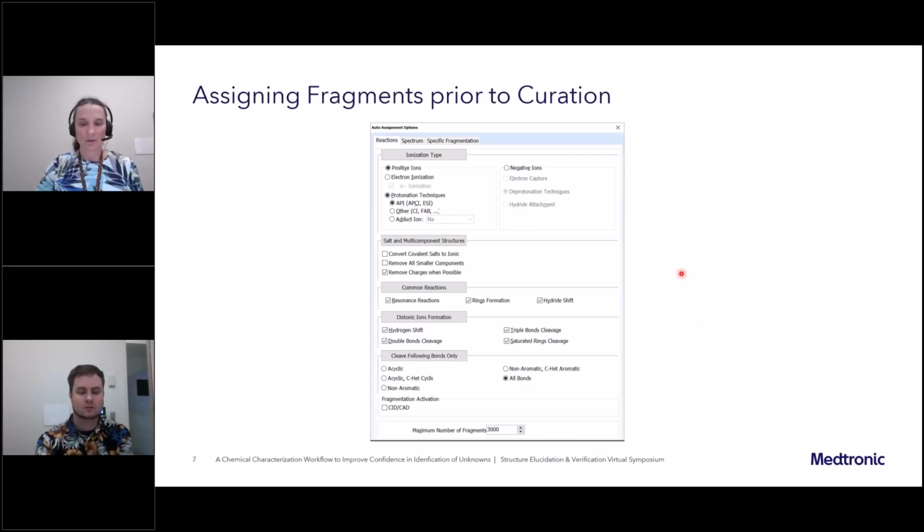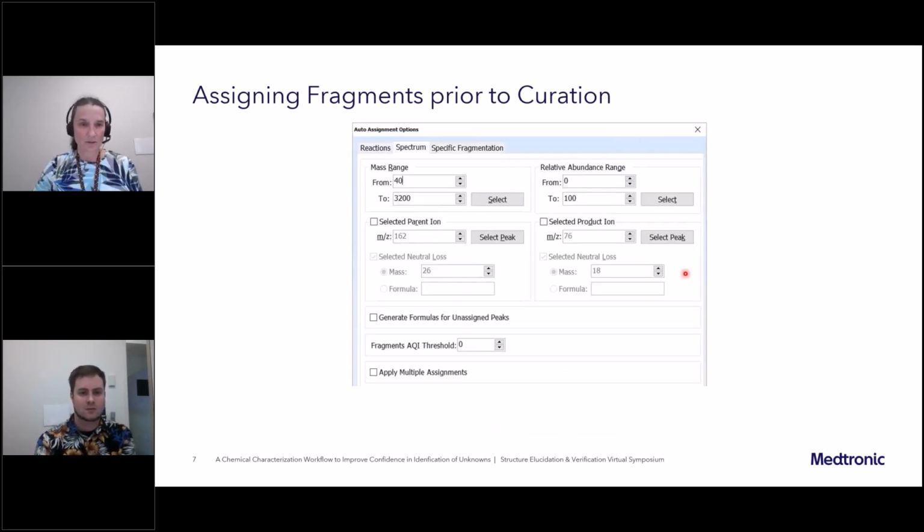In the next part, there's this spectrum tab, and so you could set your mass range for what your scanning range is. You can select your relative abundance range, which is really important when you go to do the matching, the spectral library searching.